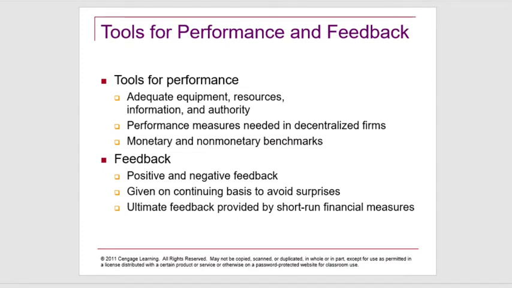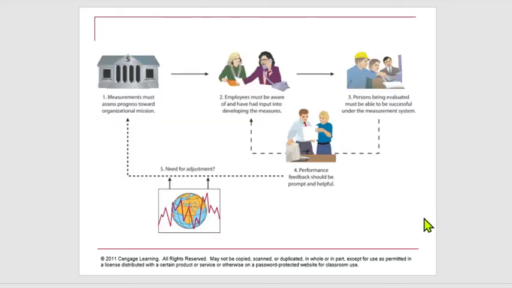We look at the tools for performance, whether there is adequate equipment, because if there is no adequate equipment, resources, and information, it will serve as a bottleneck for them in accomplishing their tasks and their responsibilities. We look at the feedback on a continuing basis to avoid surprises, and we look at the feedback to provide for short-term financial measures.